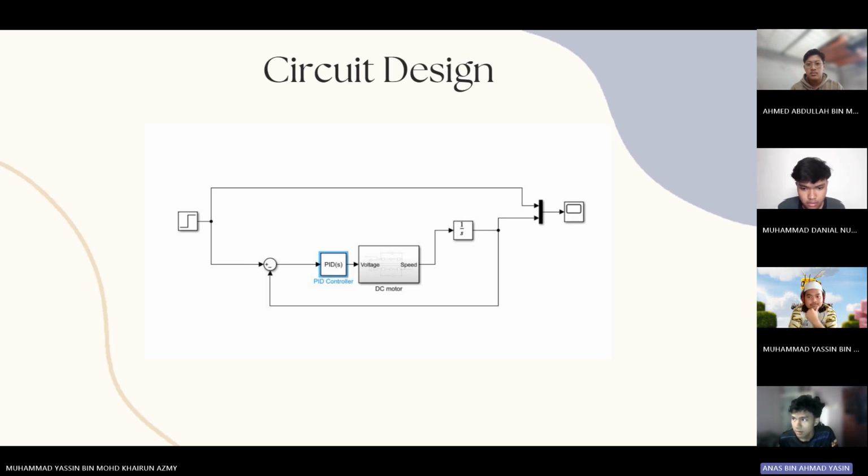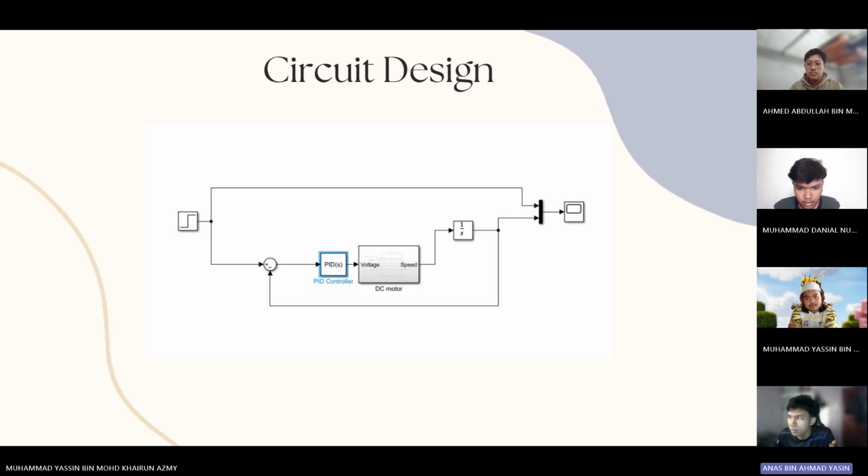Next, this signal is passed into a sum block where it is compared with the actual output position from the feedback loop. The output of this block is the error signal, the difference between the desired and actual position. The error is fed into a PID controller block.